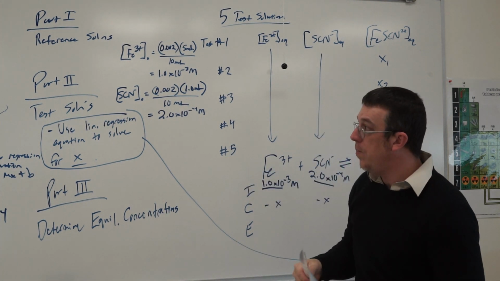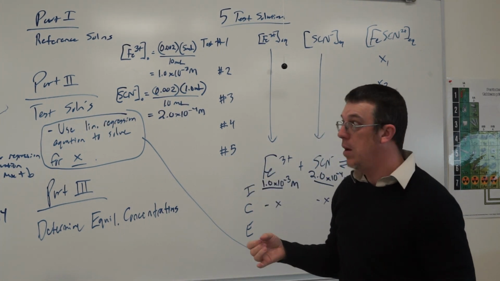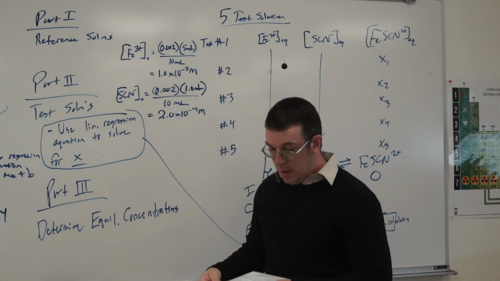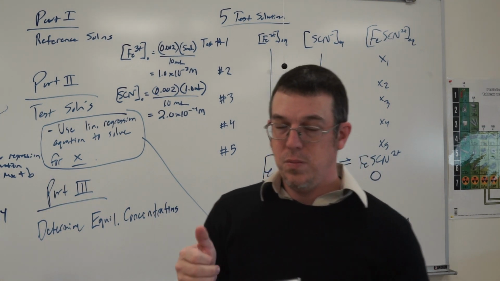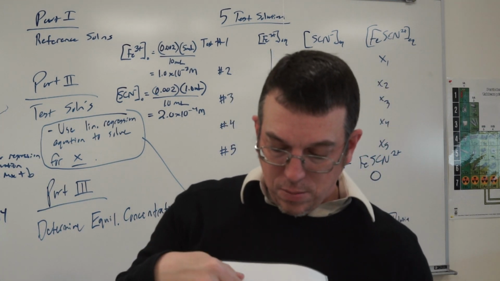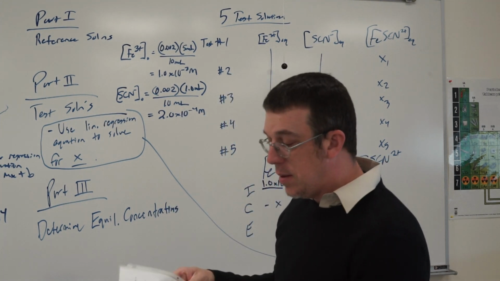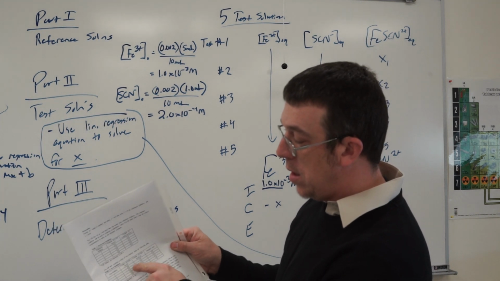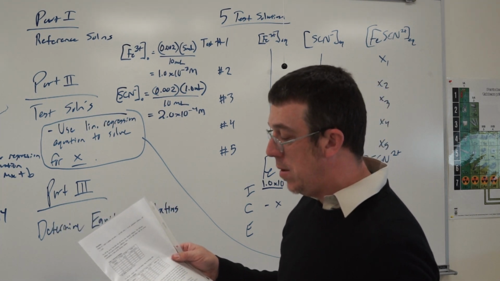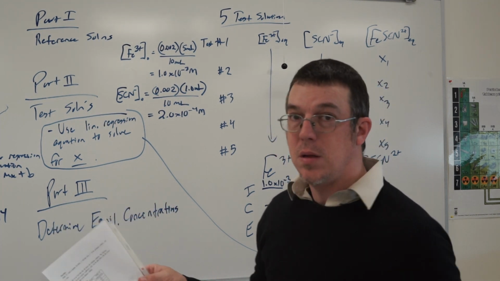The difference between the test solution and the reference is that in the reference solutions, we used a limiting reagent for the SCN. In the test solution, the concentrations of the iron plus 3 and the SCN minus are the same.